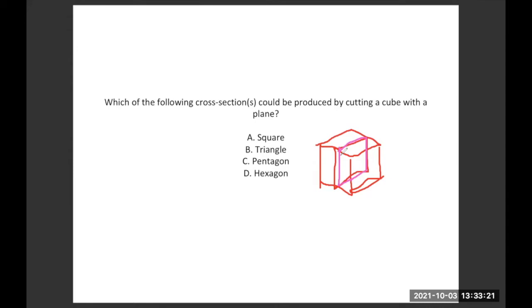If I cut a cube along the diagonal axis, I get a triangle here. Right? That's what it means.